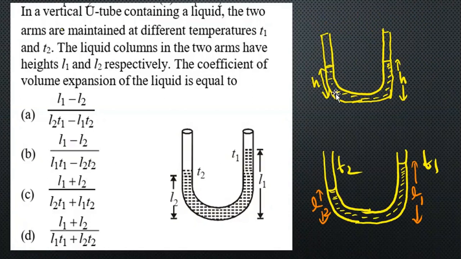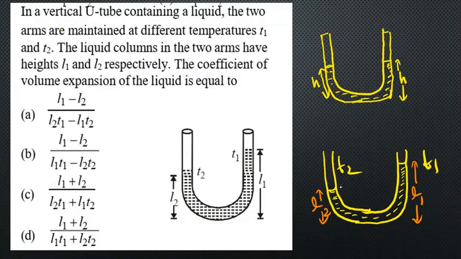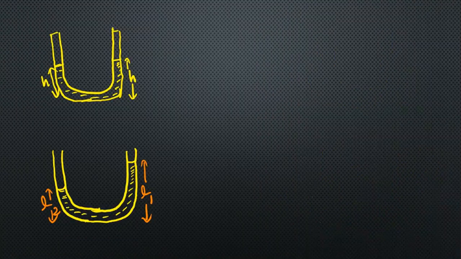So here initially the liquid levels are equal, so that's why it's H and H here. When it is heated to temperatures T2 and T1, then only the heights will change. So what we have to do is apply the volume expansion equation for both arms. So let's apply the values here.